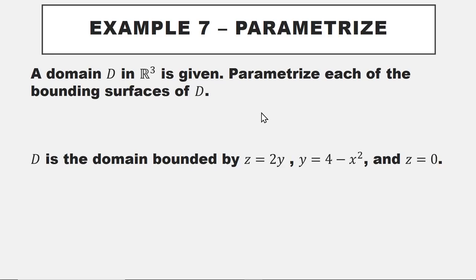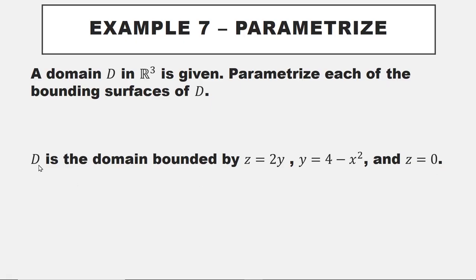Now, another type of problem that we can encounter is trying to parameterize each of the bounding surfaces of some object in R3. So let's assume we have a domain in R3 that's bounded by z equals 2y, y equals 4 minus x squared, and z equals 0.